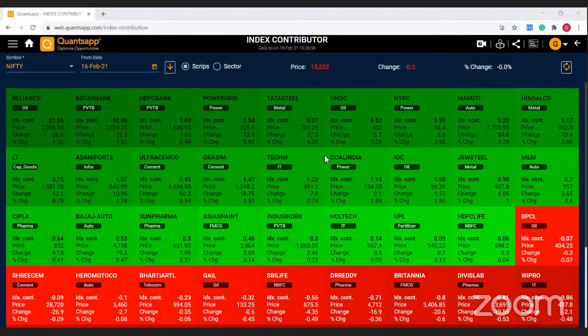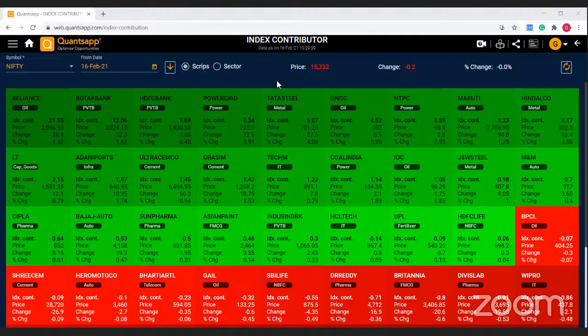The point of index contributor is to gain knowledge of a 1% movement in big weighted stocks. Weighted stocks means Reliance, Kotak Bank, SDFC Bank, or SDFC. If there is a big price movement in these stocks, how much are they contributing to the index?